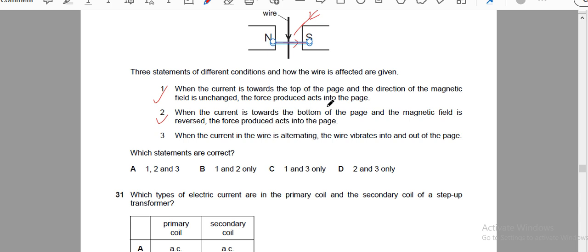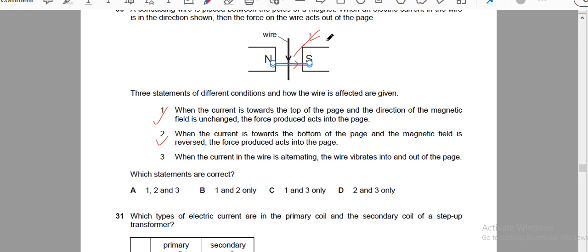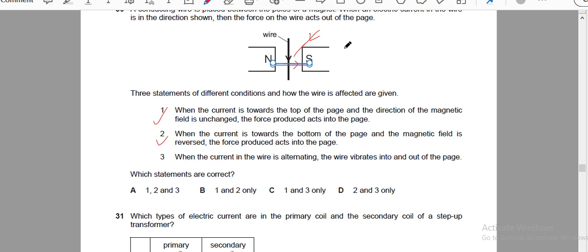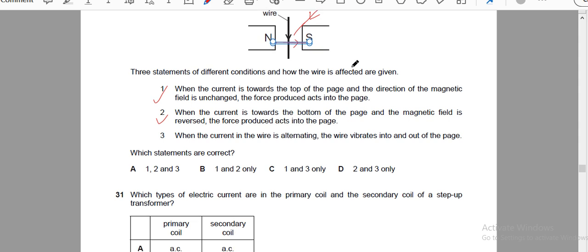I mean, if we reverse the magnet and reverse the current, use your hand, we will have the third as it is. But when reversing only one, we should have the third reversed too.